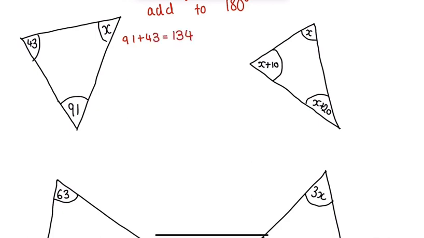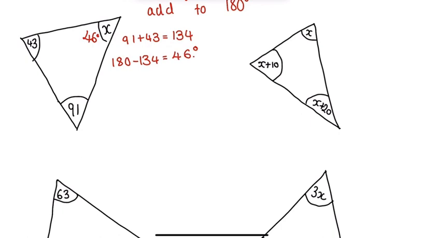Now we've got 134, we're going to take that away from 180 to find the difference between the total amount of angles and the angles we've got so far. And that gives us 46. That means that this angle here must be 46.